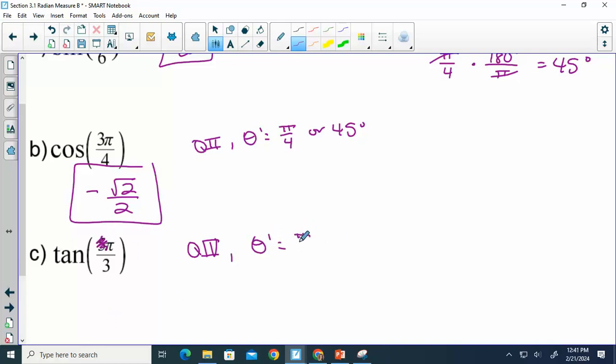It's just pi over 3, which is 60 degrees. Okay, what is the tangent of 60 degrees? Radical 3 over radical 1, which is radical 3, but because we are in quadrant 4, it would be negative radical 3.